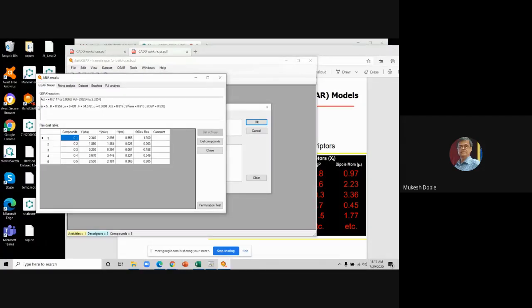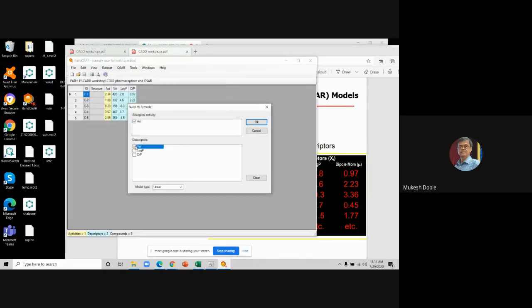So you need to brush up on statistics and regression. There are different types of statistics called R square, adjusted R square, predicted R square, Q square, cross-validated Q square, bootstrap Q square. So many different types of statistics are there. You need to brush up to see how good the model is. All these tell you how good the model prediction is. So the one descriptor model is given.